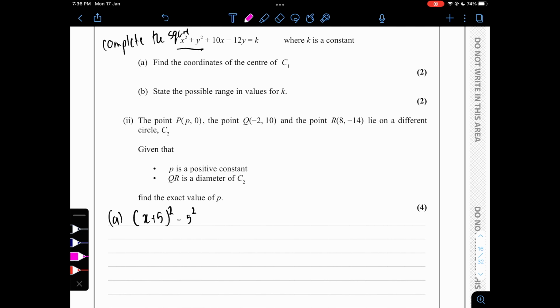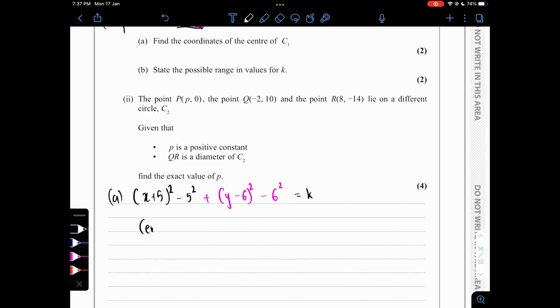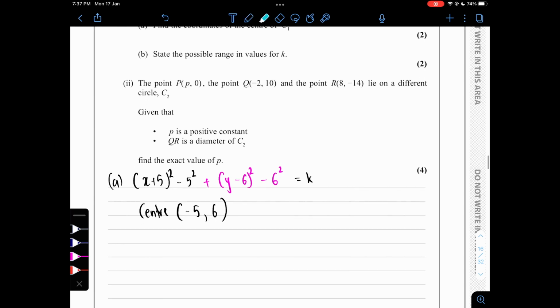We know y squared has minus 12y, so we halve it, so that will be plus y minus 6 squared minus 6 squared. And this equals our k. So what's the center? The center is minus 5 and 6. We take the opposite of what's inside. So that is the center.